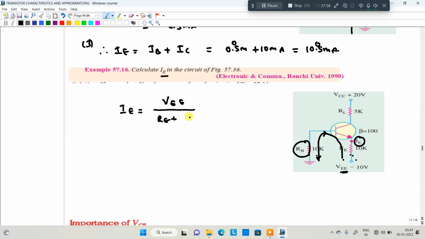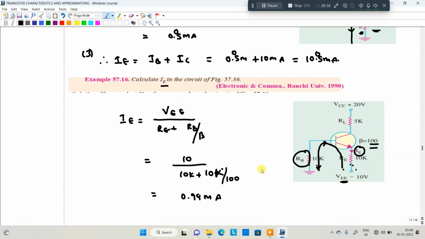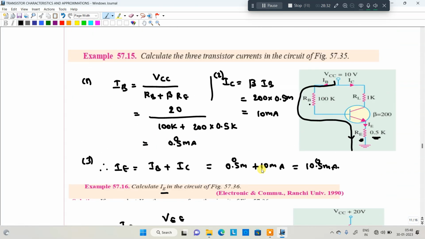So RB divided by beta I am going to consider. Got my point? So 10 divided by 10k plus beta. What is the beta value? Beta value is provided as 100. Here given 100. RB is 10k divided by 100. That will be equivalent to 0.99 milliamperes. You got the answer. So this is about the emitter current, and all the relations with respect to beta values.